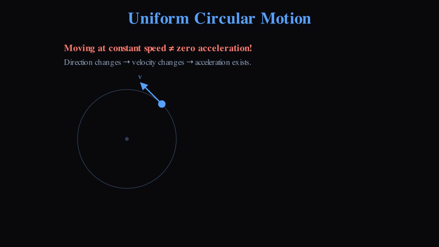The velocity vector rotates, and the change in velocity, delta v, points inward, toward the center of the circle. In the limit as the time interval shrinks, the centripetal acceleration has magnitude a_c equals v squared over r.